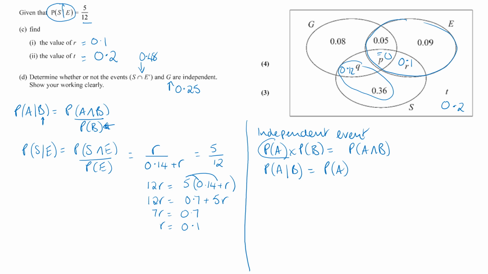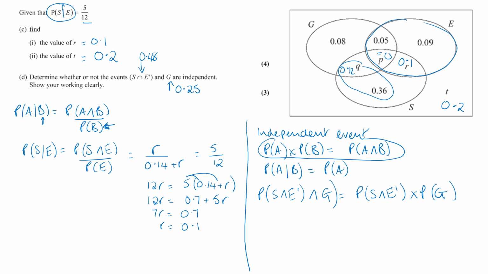Now I'm going to use this one because we can get all the values from the Venn diagram. So the probability of S intersection E dash intersection G is going to just be the probability of S intersection E dash times the probability of G. So I need to work out these two things.